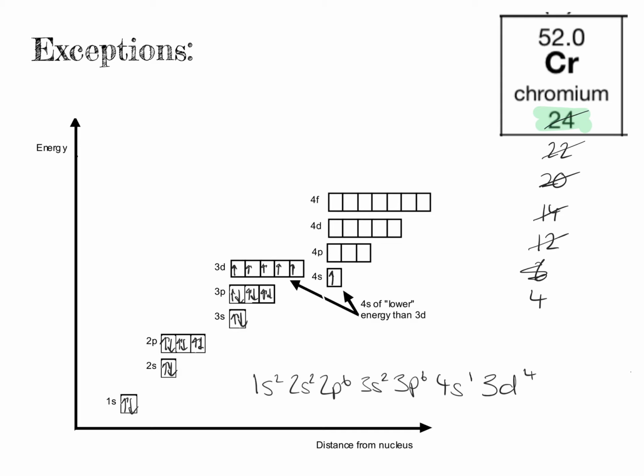And instead of 3d4, we've now got a half-filled 3d sublevel, so we've got 3d5. So that is the electron configuration of a chromium atom. Again, it's just another one that you need to remember. Keep those 2 elements in your mind when you're doing electron arrangements, copper and chromium.